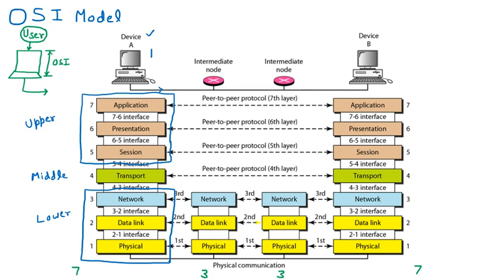So the transport layer is the middle layer. Upper layers help the user to work, and lower layers help the network to work.